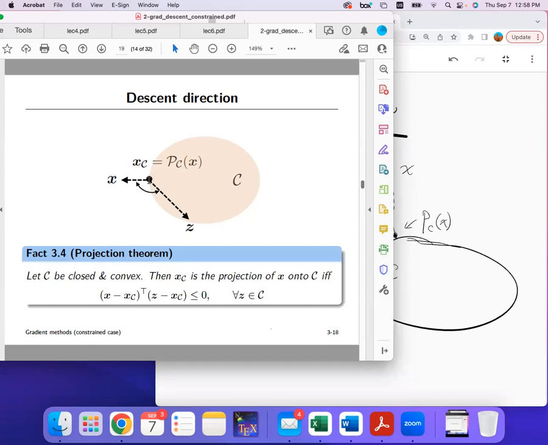Now, if you look at this figure, x_C is the projection point. x minus x_C is this vector, going outside. The theorem says that if x_C is a projection, then for any other point z in this set, these two vectors are always negatively correlated, like their angle is bigger than 90 degrees.